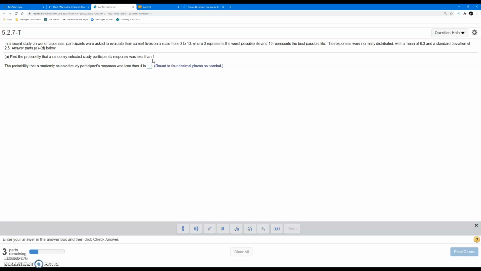That would give you a z-score of negative 2.3 divided by the standard deviation, 2.6, which is negative 0.88. Negative 0.88 is where this individual would be on the standard normal curve.